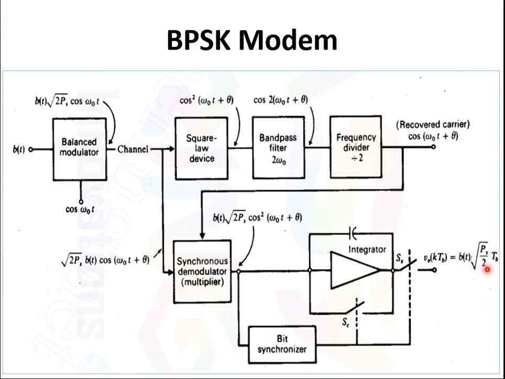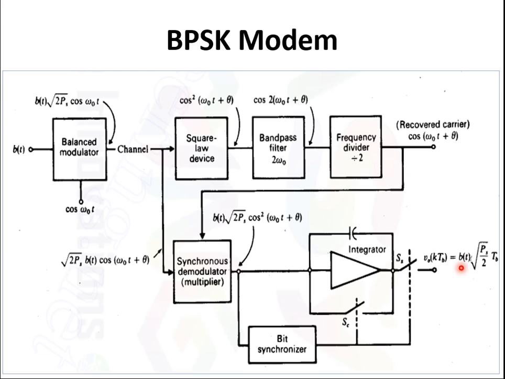So that's what b(t) square root of Ps divided by 2 means. After splitting this equation you get divided by 2, so square root of Ps divided by square root of 2 will be equal to square root of Ps by 2.